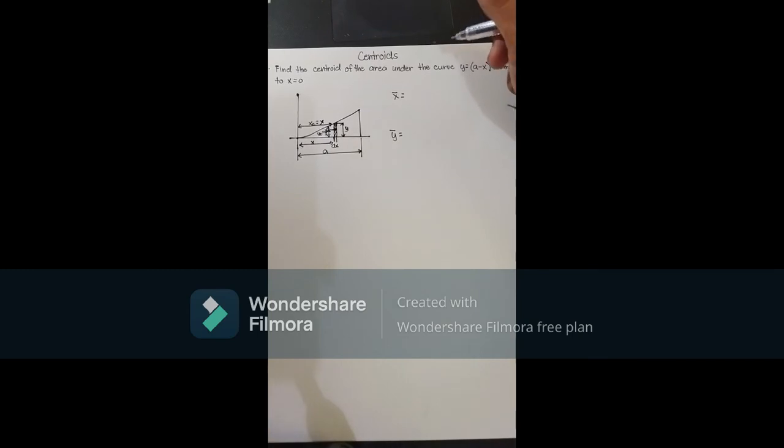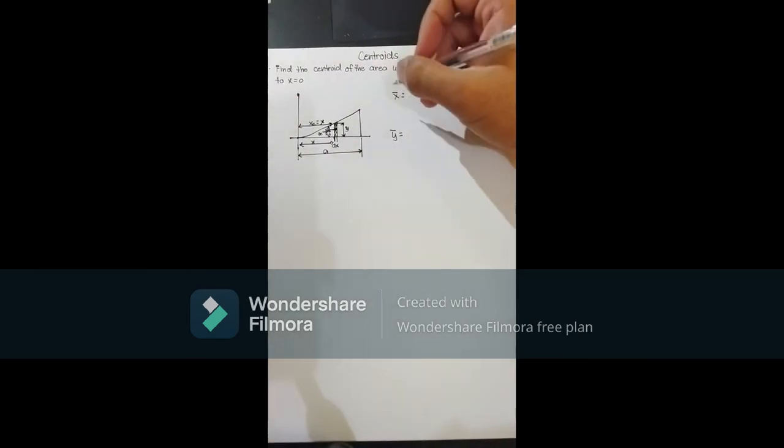Now we're going to solve the mean of x and the mean of y.